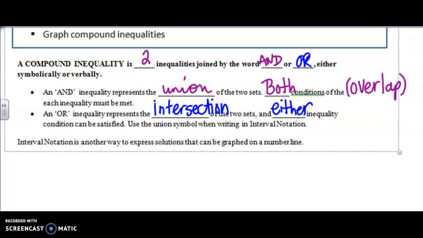Whereas we don't have to do that so much when it's an or situation. However, because the two groups in an or situation sometimes don't touch each other, they don't connect continuously, we have to use a symbol that looks like a U, and we call that a union symbol. Okay, that joins the two groups. Interval notation is something that we're going to be using whenever we give our answers. Interval notation we're going to talk about in just a minute.